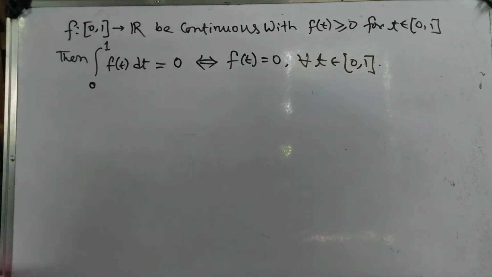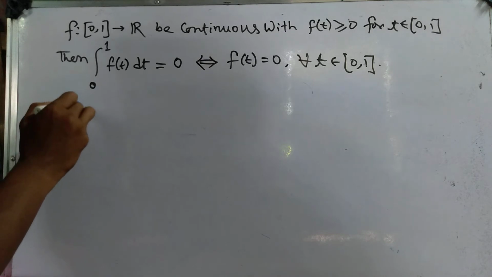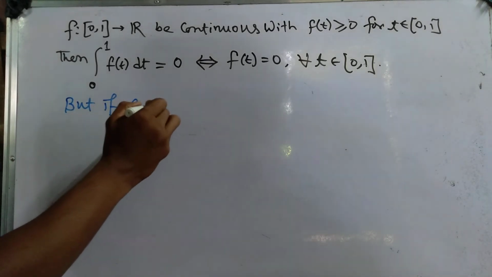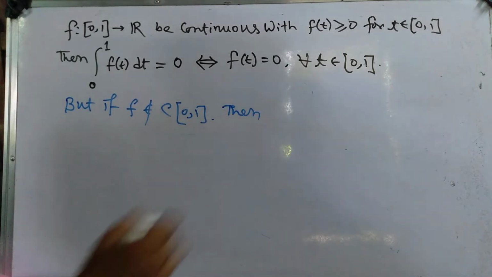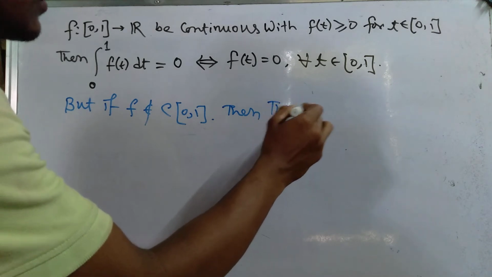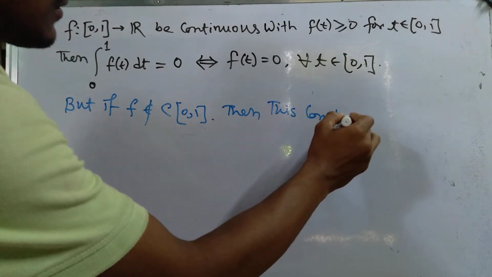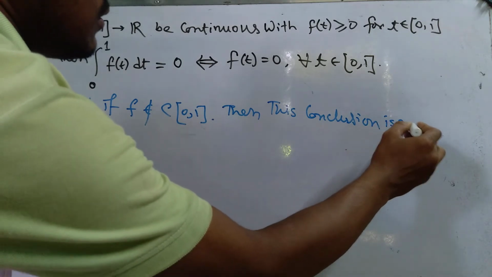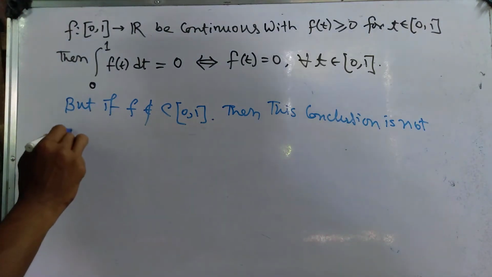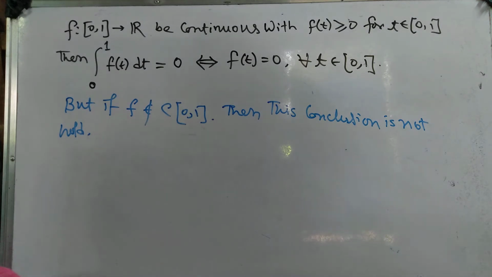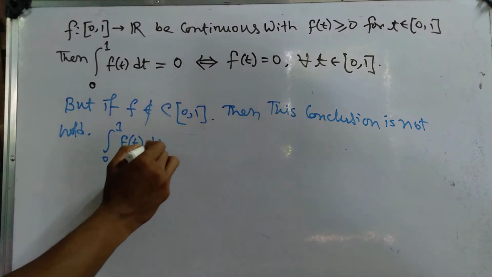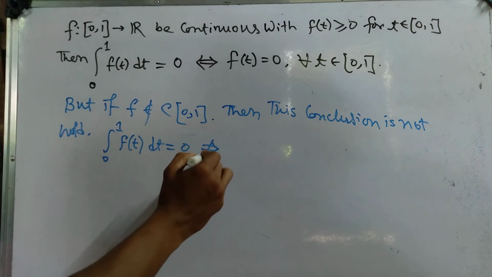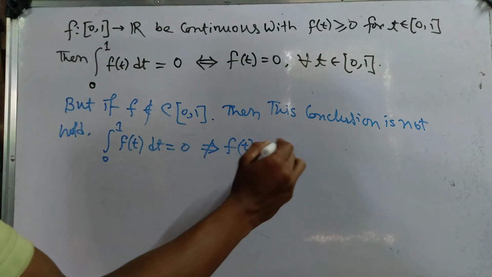But if f does not belong to C[0,1], this conclusion does not hold. That means the integral being 0 does not imply that f(t) equals 0.